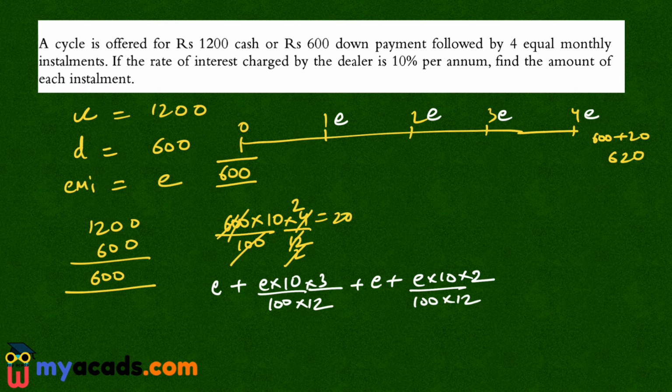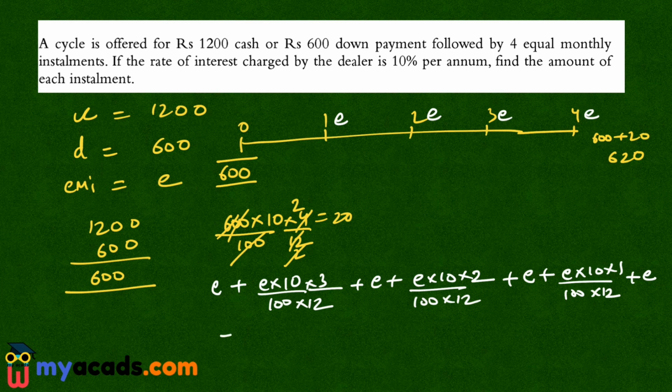So the effective money that I have paid to the shopkeeper is E plus interest of 1 month on E. So E into 10 into 1 into 100 into 12. And finally, I will pay the fourth EMI. Shopkeeper will not be able to earn any interest on this E. So my final EMI is E.